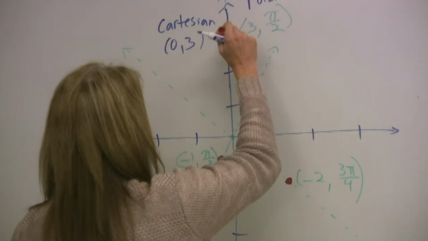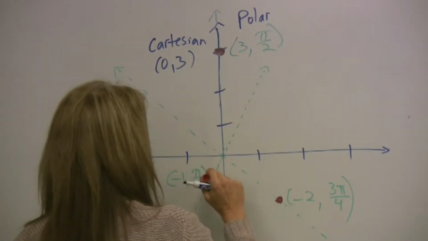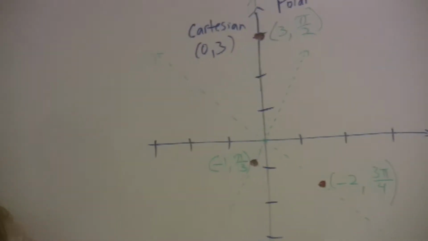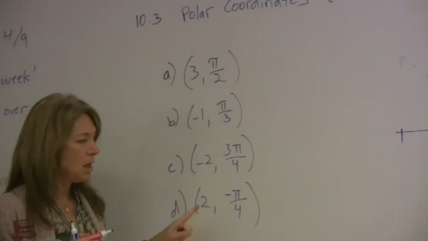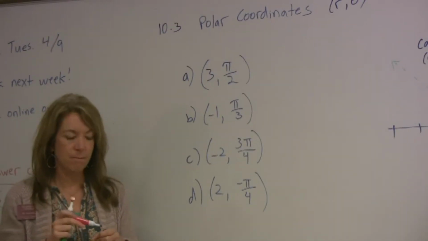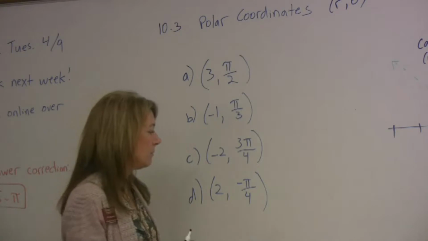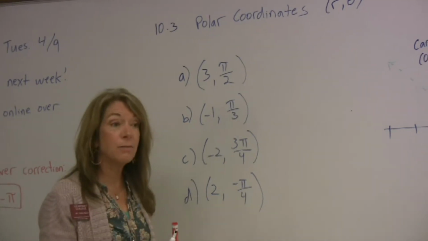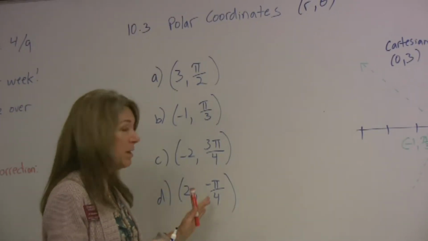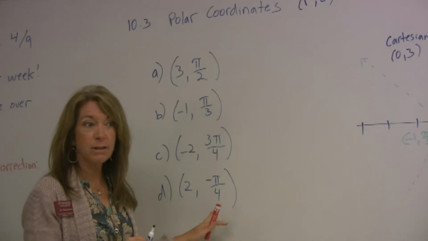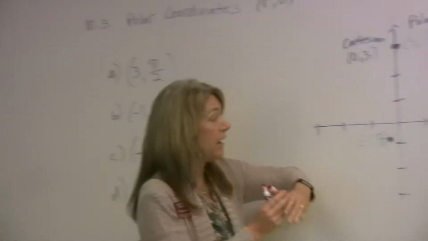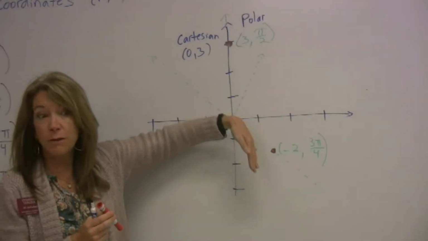So there's those 3. And the last one is 2, negative pi over 4. 315 degrees. It coincides with 315, but negative pi over 4 means what when your angle's negative? You start off going down pi over 4.